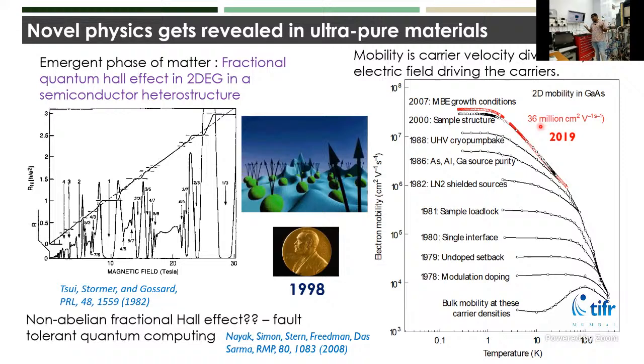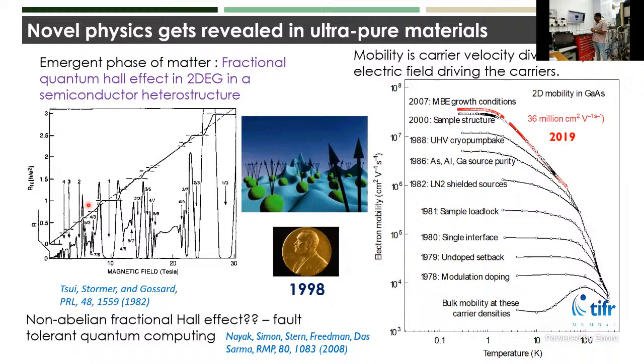And why do we care about doing this? Because when you have such a pristine material, you get new kinds of physics that emerge. That is what is shown here: if you look at the Hall effect, when you put some current in presence of a magnetic field, you have a transverse voltage. Typically you expect this line to be a straight line. But here you see there are some plateaus. And what that indicates is the emergence of a new sort of ground state, which is known as a fractional quantum Hall state.